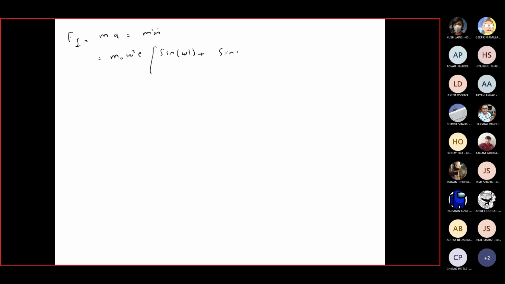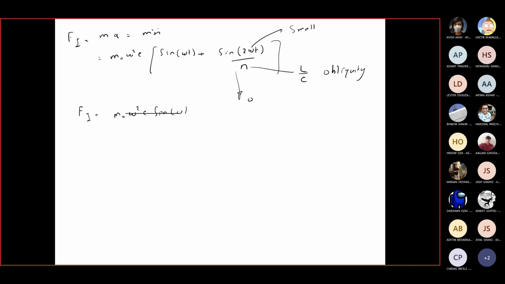And that is sine 2 omega t by n, where n is the obliquity ratio, that is L by e. This term is very small. The numerator is small and the obliquity ratio is very large, so for mathematical purposes we neglect this second term. It is almost tending to 0. So inertia force becomes M0 omega square e sine omega t.